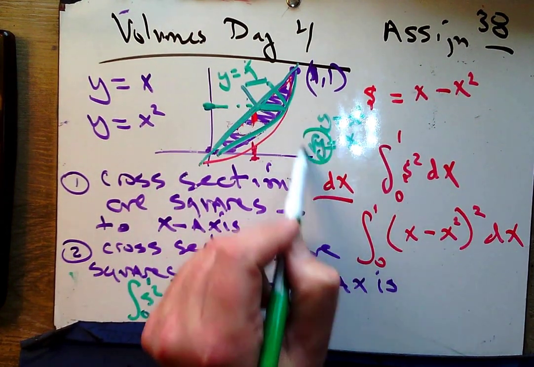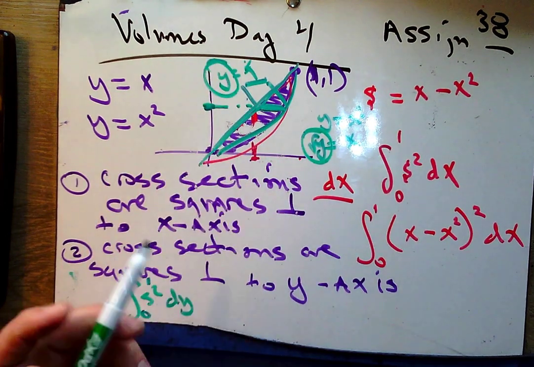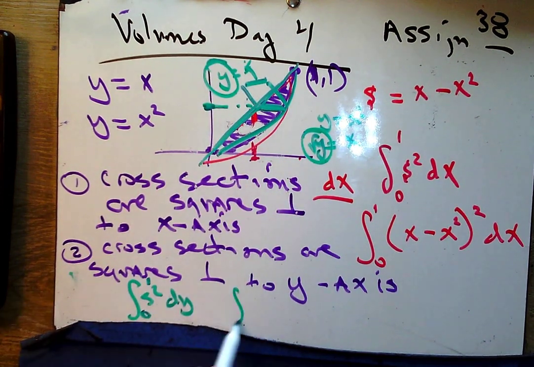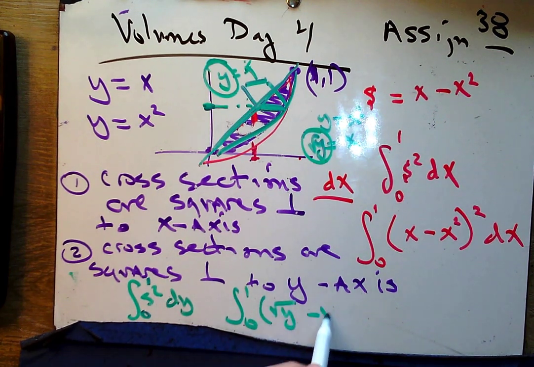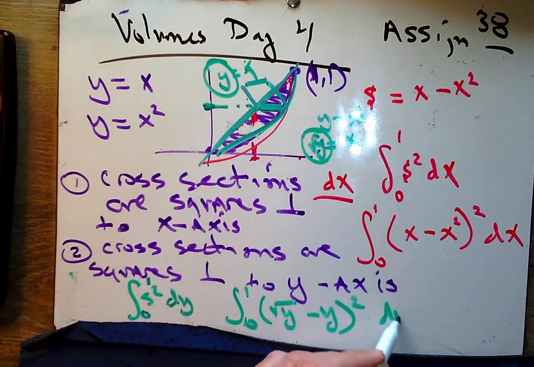So we've got the integral from 0 to 1 of right minus left. Don't forget to square that, right? Because we want area. Area is side squared. This is just side. I need side squared dy.